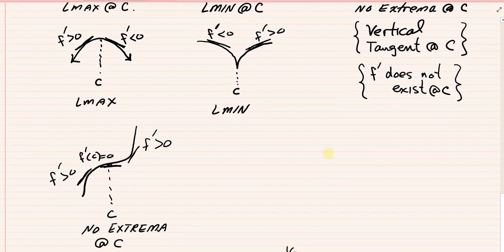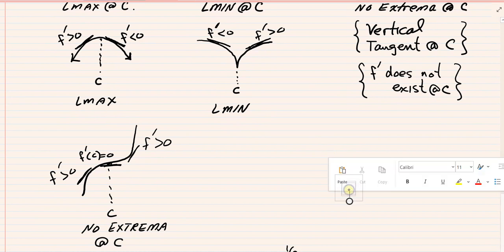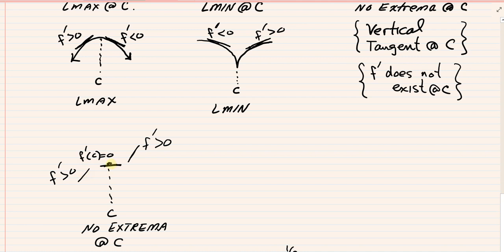Now here's a case where there's no extrema over the entire domain. The slope of a tangent was positive coming from the left. Then it transitions to 0, and then it picks up to be positive again.